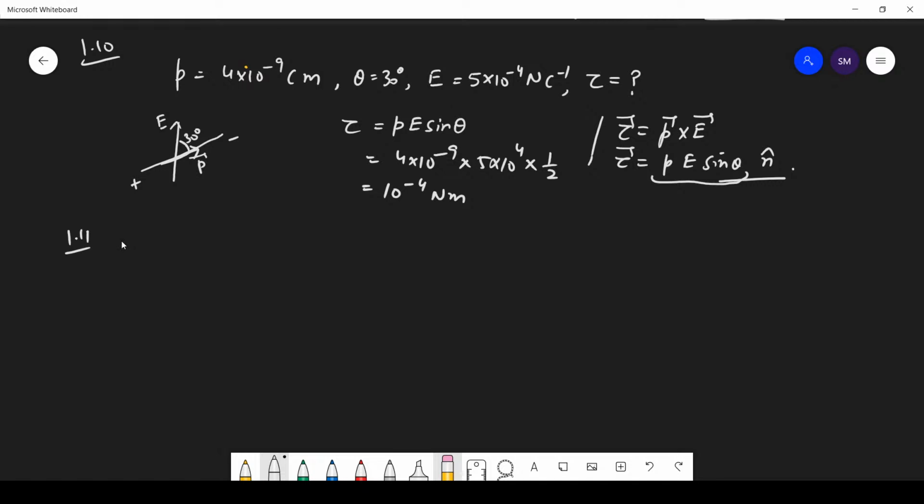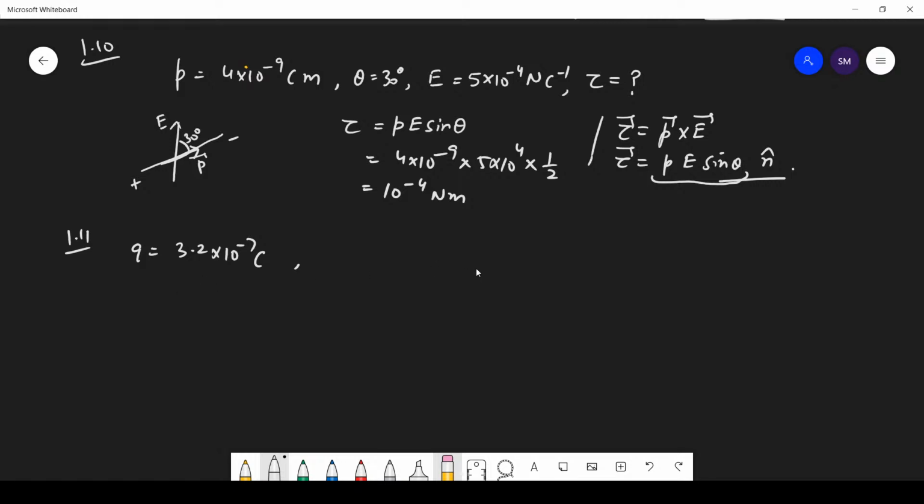Next question. A polythene piece rubbed with wool is found to have a negative charge of 3.2 × 10⁻⁷ coulomb. Estimate the number of electrons transferred.